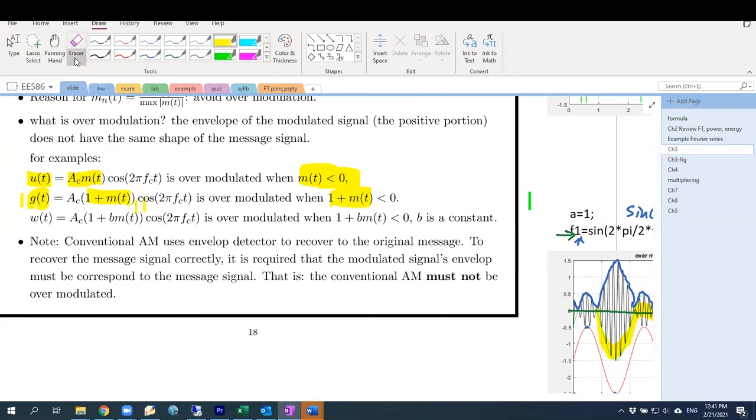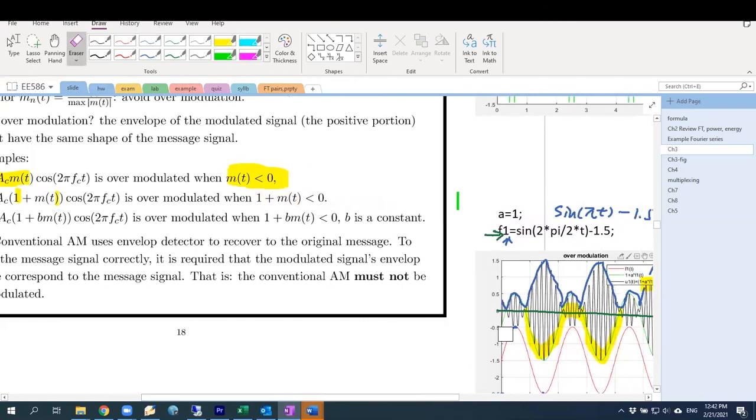When this portion is less than 0, overmodulation will occur, like here, because the positive envelope of the modulated signal does not correspond to the shape of the message at all.